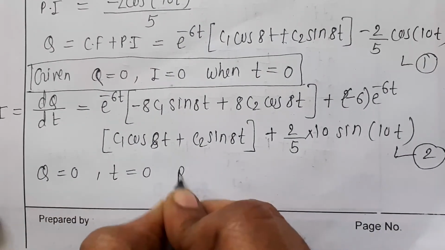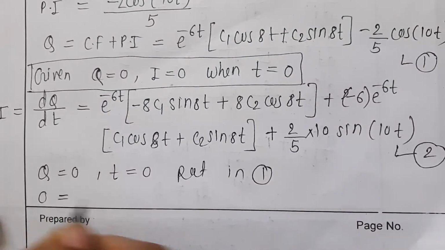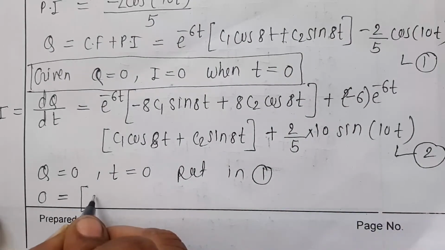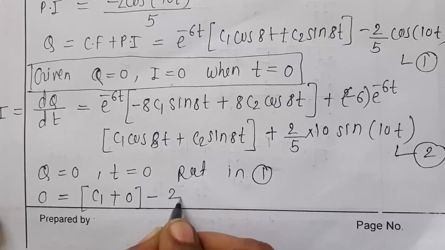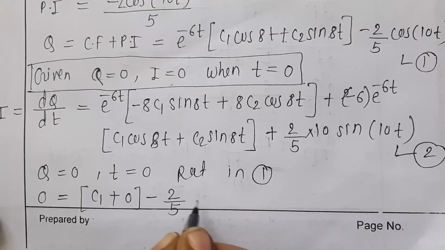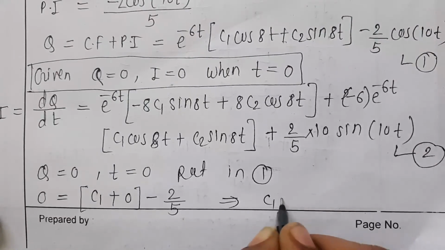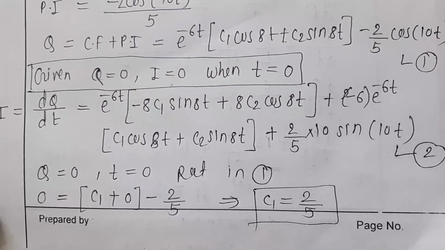Put it in equation 1. So Q is 0, t is 0, e to the power 0 is 1, C1 cos 0 is 1, sin 0 is 0, minus 2 by 5 times cos 0 is 1. This implies C1 value is 2 by 5. C1 is equal to 2 by 5.